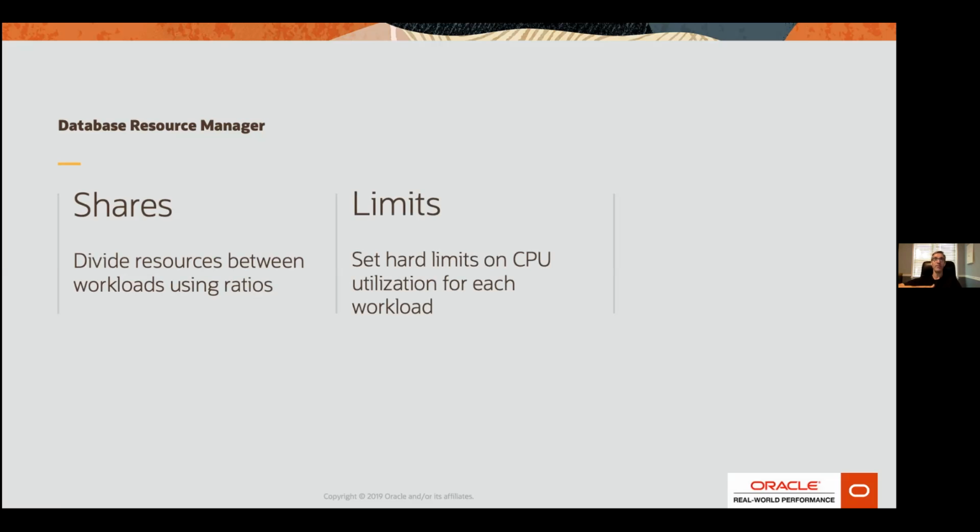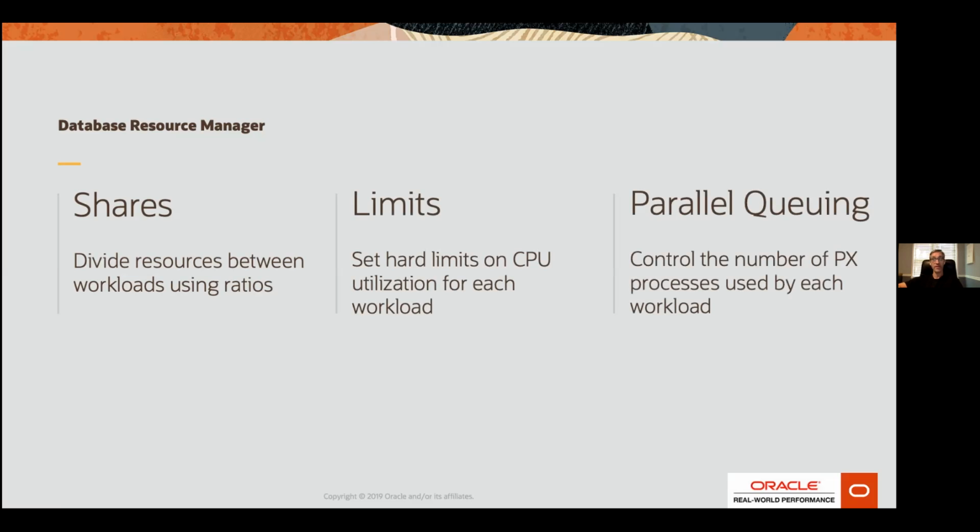You can also set limits, which are hard limits on the CPU that each workload is able to get. Then we also have a feature called parallel statement queuing. With parallel statement queuing, we limit the number of parallel processes that are available for SQL statements coming in for parallel execution. By limiting the number of parallel processes, we therefore limit the amount of CPU that they can use.